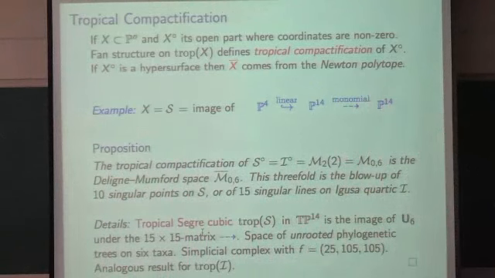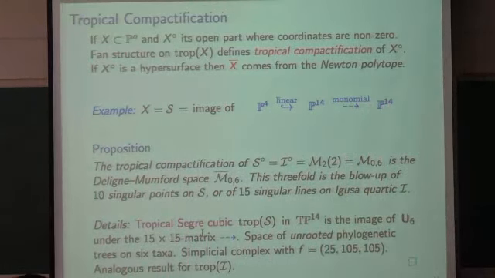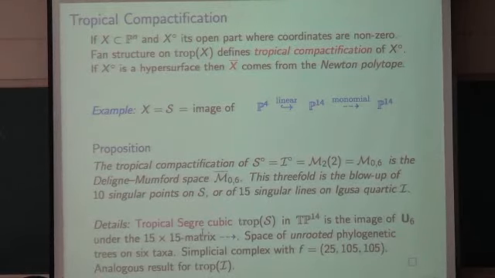So how does this go in general? So if X is a subvariety in Pn and X0, the open part where the n+1 homogeneous coordinates are non-zero, well, trop X, the output of GFAN, the tropical fan, is a fan. So it defines a toric variety, compactification of torus. Just take the closure in that toric variety.